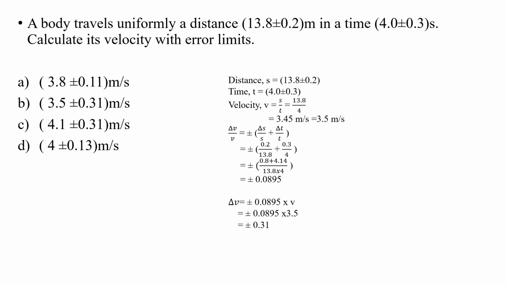Substituting the values, you get delta V as plus or minus 0.31. Hence, the answer will be 3.5 plus or minus 0.31 meter per second.